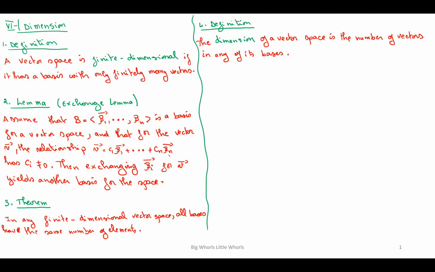That means any basis we pick for that space will have the same number of vectors, which is, I think, a very beautiful theorem and definition.